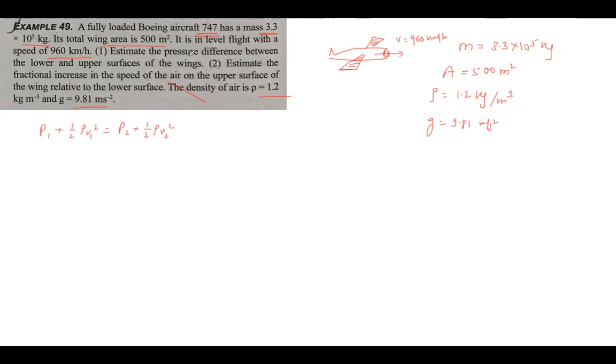Because it is going in level flight, the pressure difference: on the upper top the pressure is P1 and here P2, so we will get delta P. The upward force due to pressure difference will balance the weight of the aircraft.